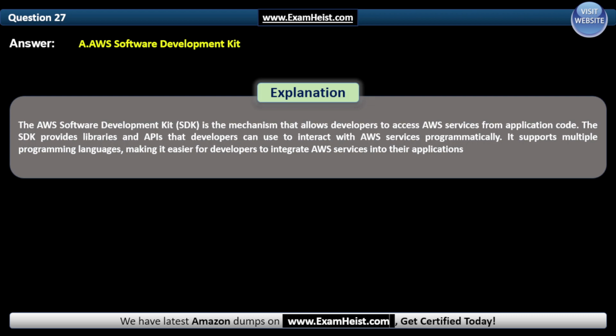The SDK provides libraries and APIs that developers can use to interact with AWS services programmatically. It supports multiple programming languages, making it easier for developers to integrate AWS services into their applications.